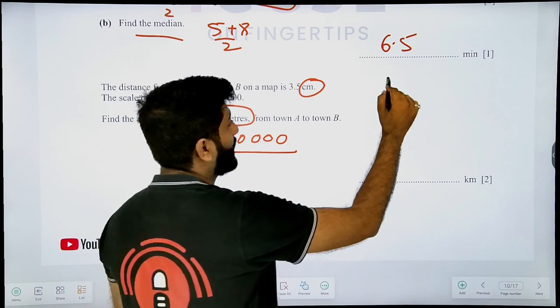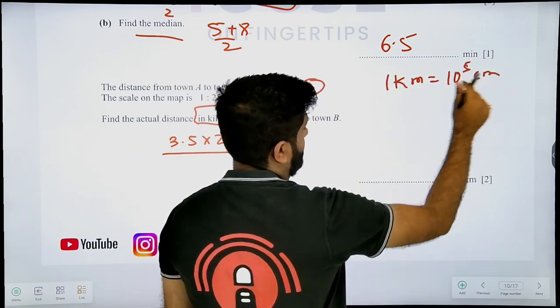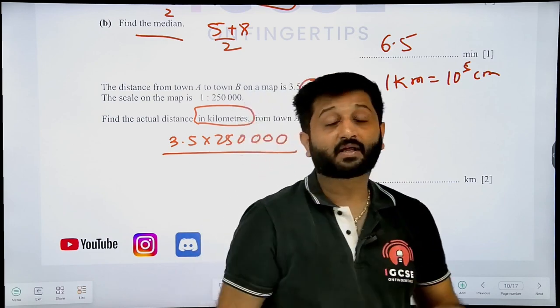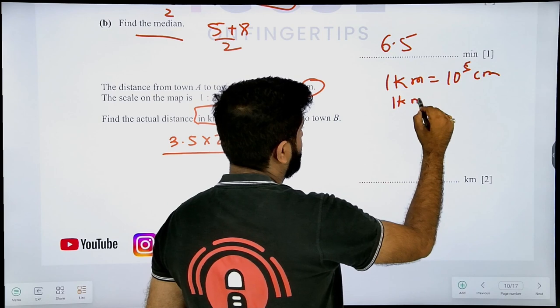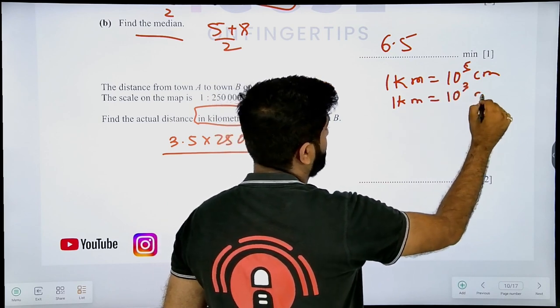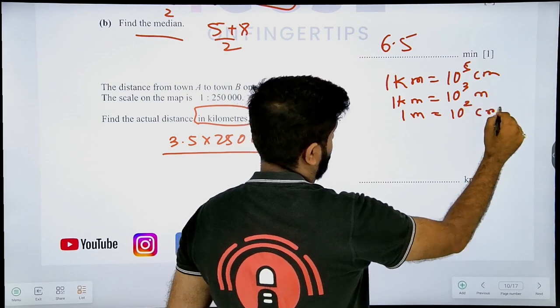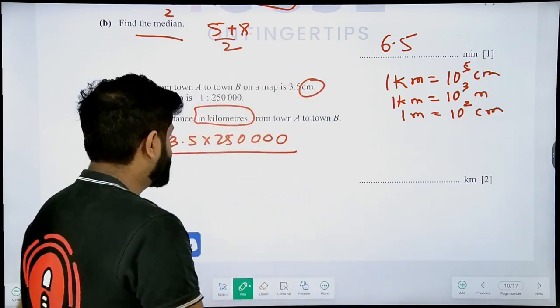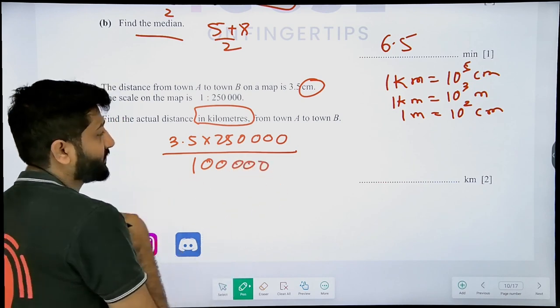Now I should know that 1 kilometer is 10 raised to 5 centimeters. How? I know that 1 kilometer is 1000 meters, and 1 meter is 100 centimeters. So 1 kilometer is nothing but 5 zeros.